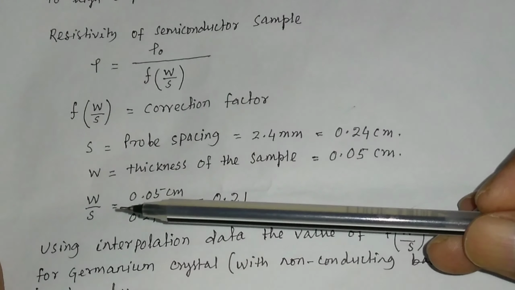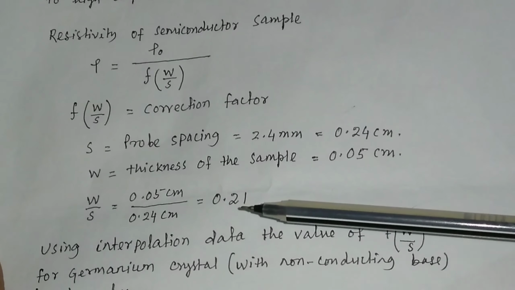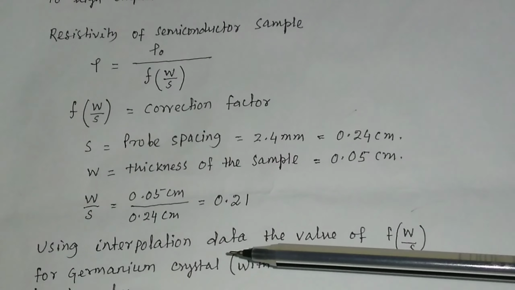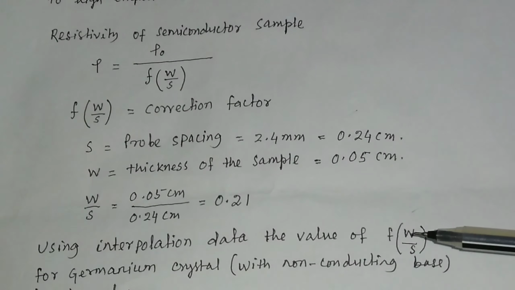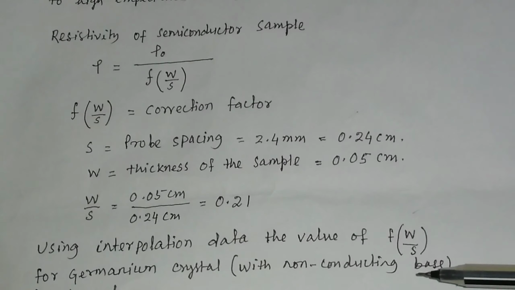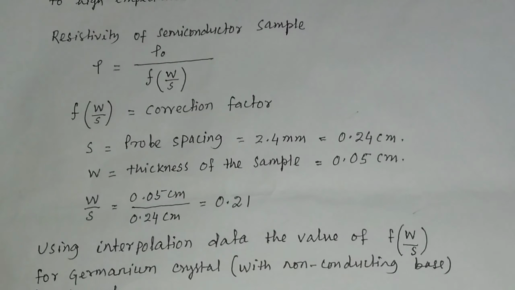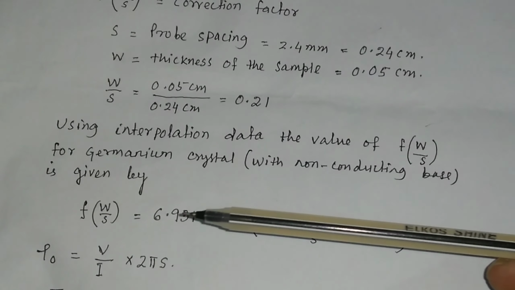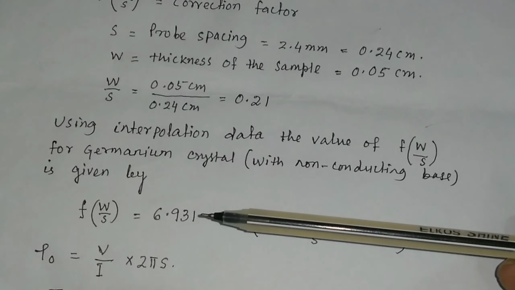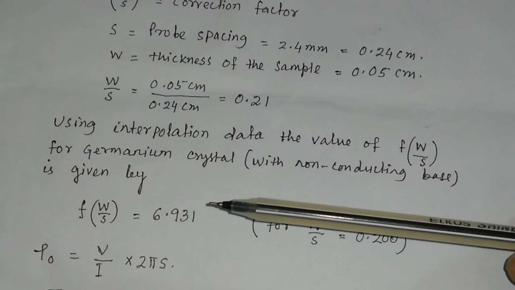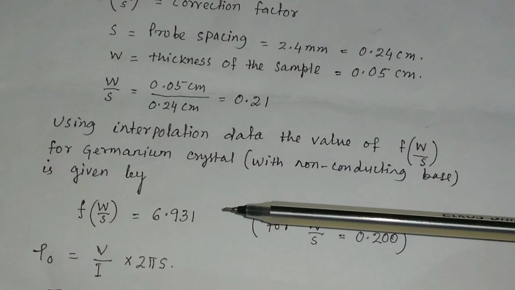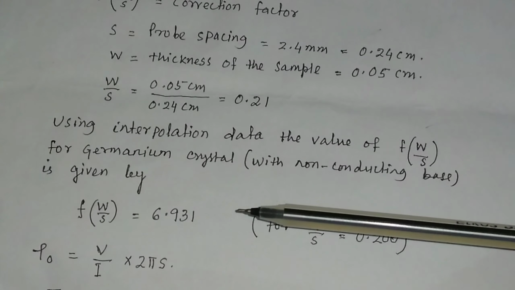So if you divide W by S, that will be equal to 0.21, and if you use the interpolation data, the value of f of W by S for germanium crystal with non-conducting base is 6.931. What is interpolation? Interpolation is a method of curve fitting using known data to estimate unknown data.